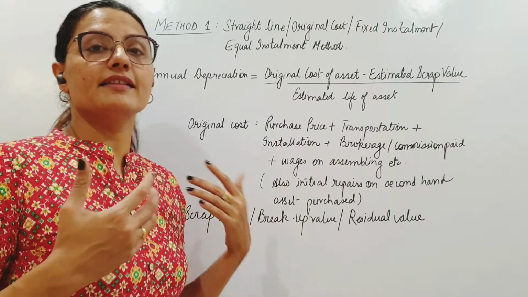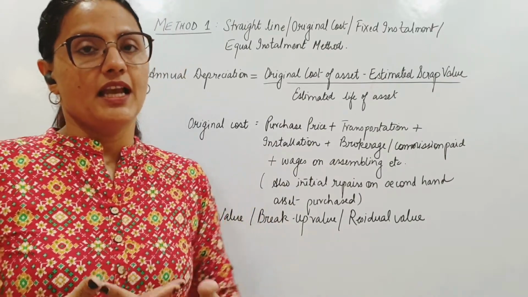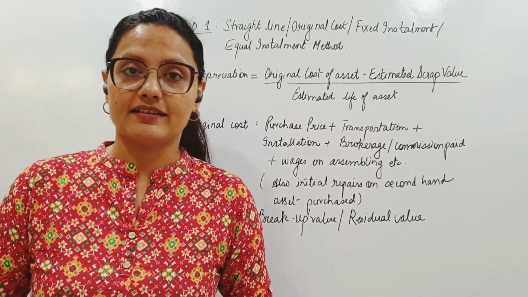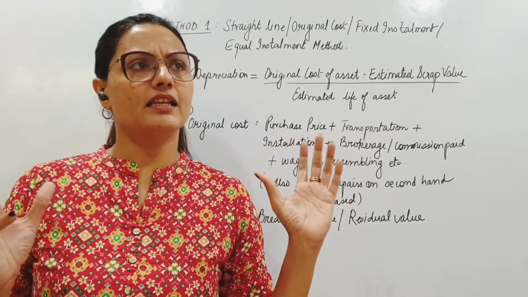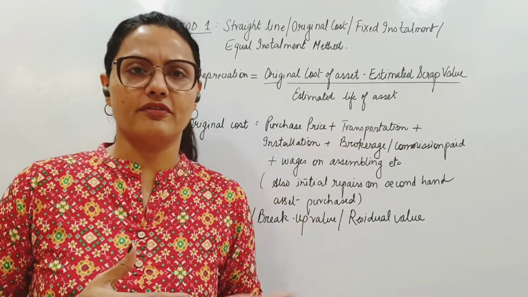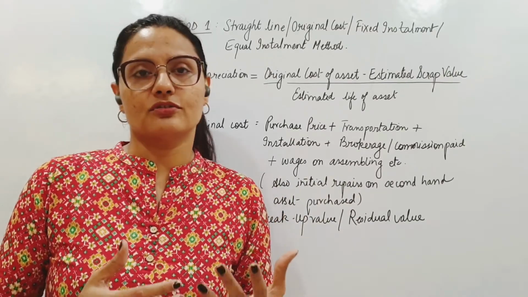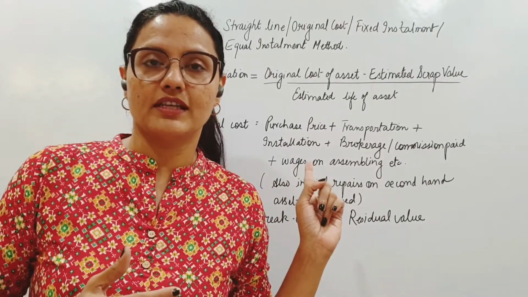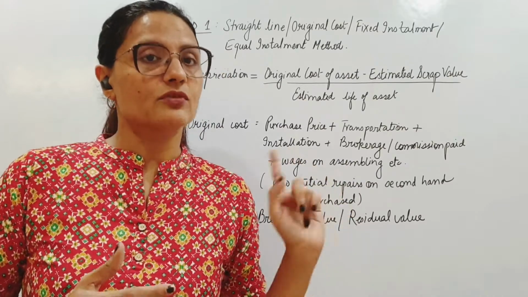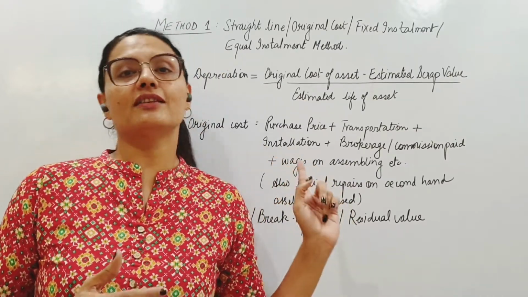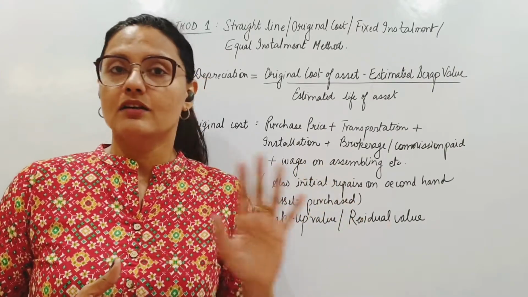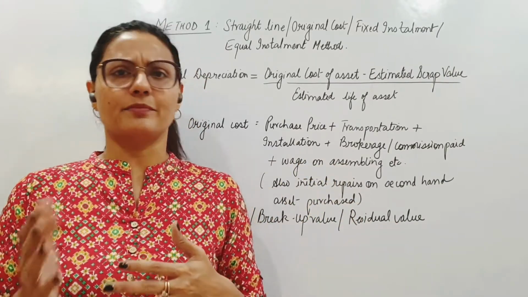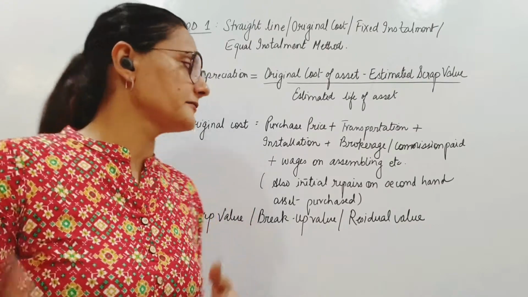Wages paid on assembling the asset. And if you are purchasing a second-hand asset, then any initial repairs, upgradation or software, all of that will be added to the cost of the asset. Mind you, repairs only at the time of purchase of a second-hand asset, not the usual repairs. वो नहीं जाएगा. ठीक है? That's a recurring expense that will not be added to the cost of the asset.